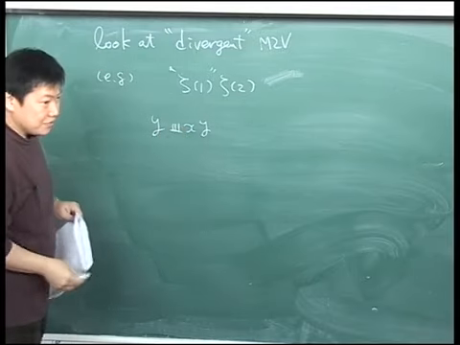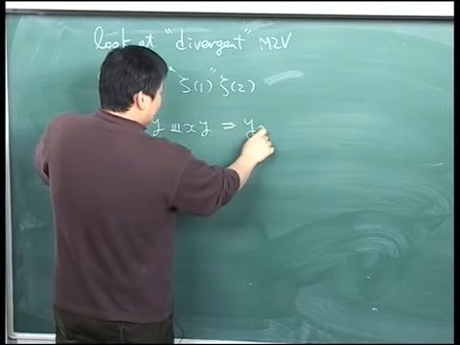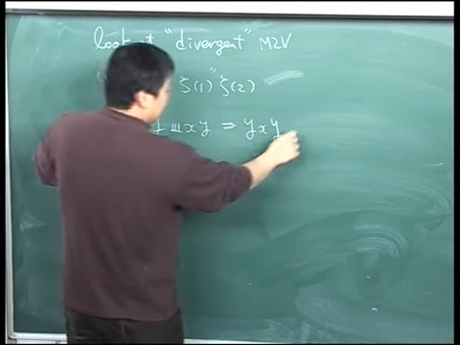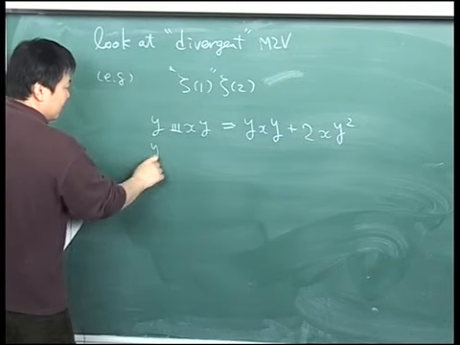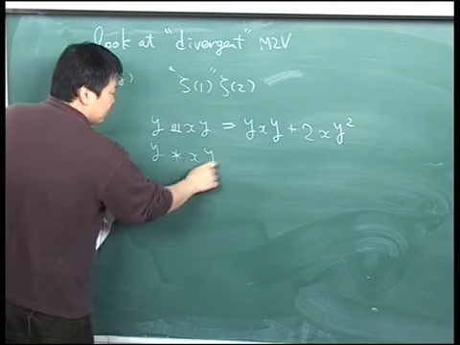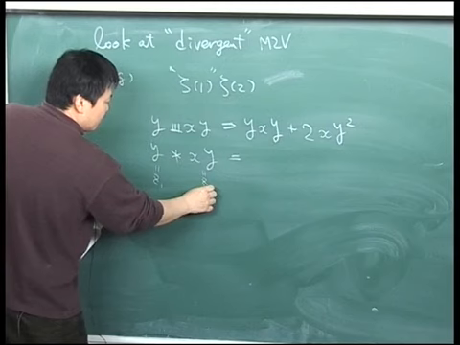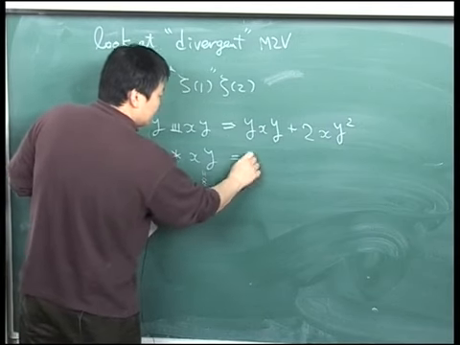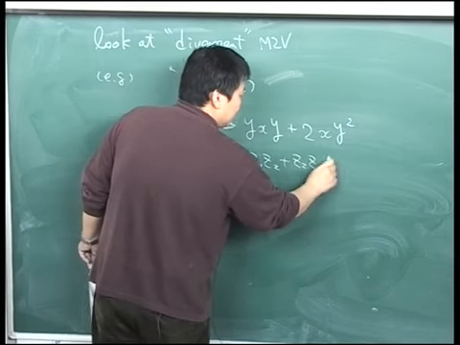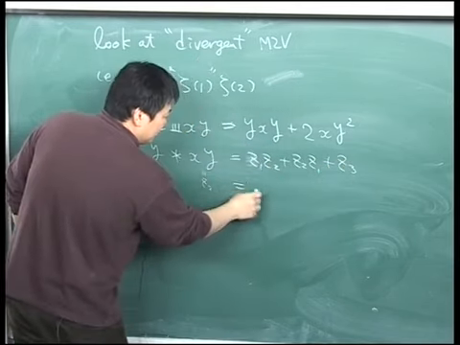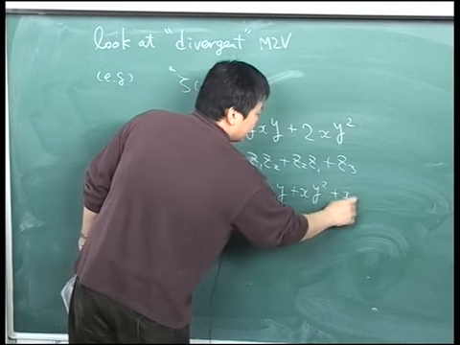You can compute this shuffle product. Three letters give three arrangements, yxy plus 2xy squared. Shuffle product, this is z1 and this is z2: z1, z2 plus z2, z1 plus z3. So this means yxy plus xy squared plus x squared y.